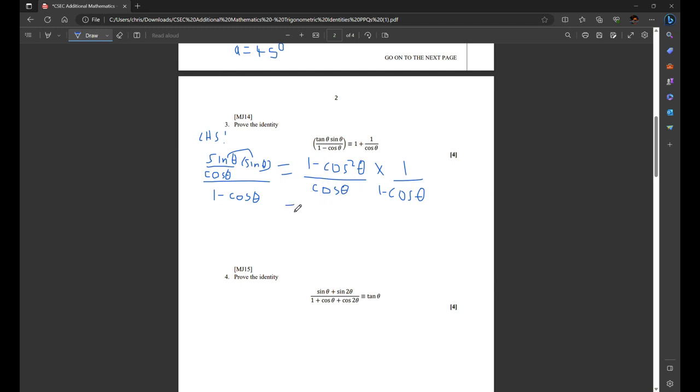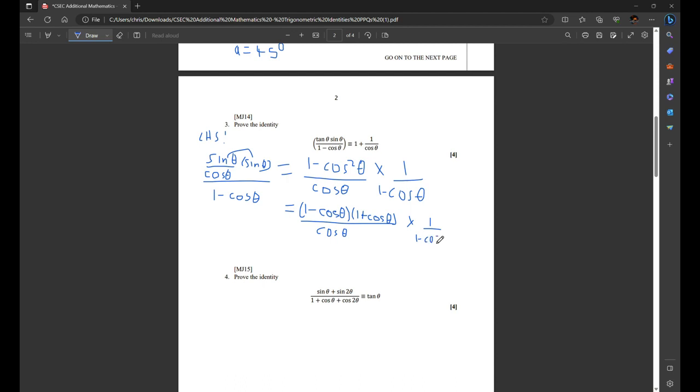So what this means is that I can now see that this 1 minus cos squared theta is just a difference of two squares, which means I can write it as 1 minus cos theta multiplied by 1 plus cos theta, and that's still over cos theta, and that's still all multiplied by 1 over 1 minus cos theta.